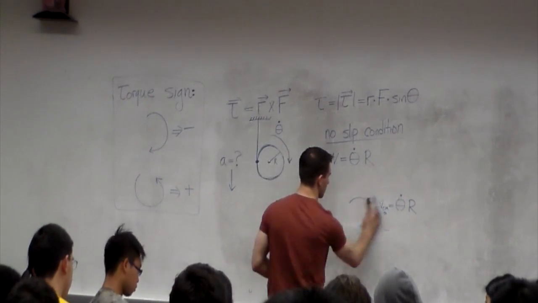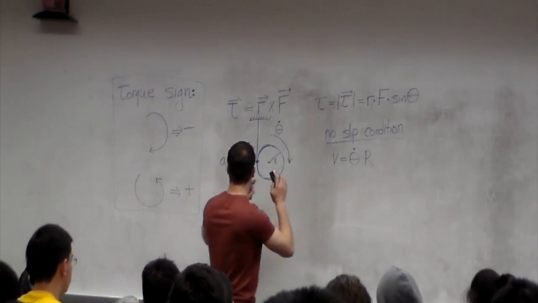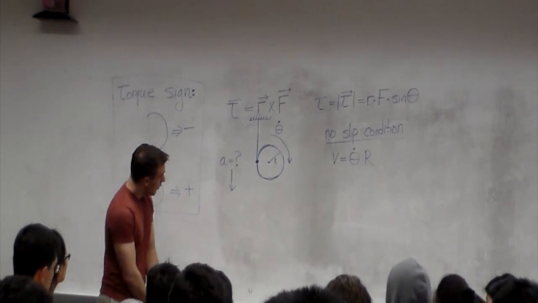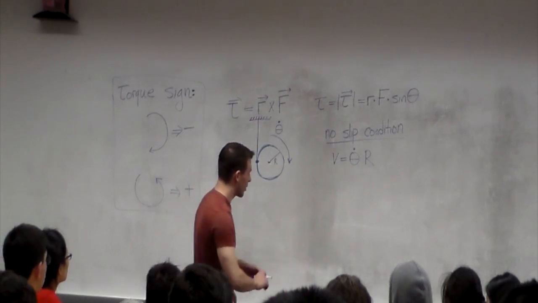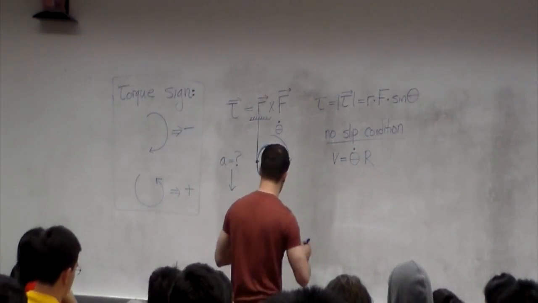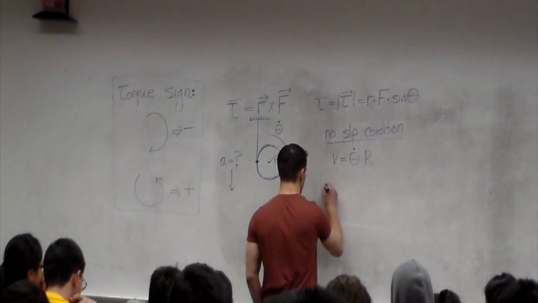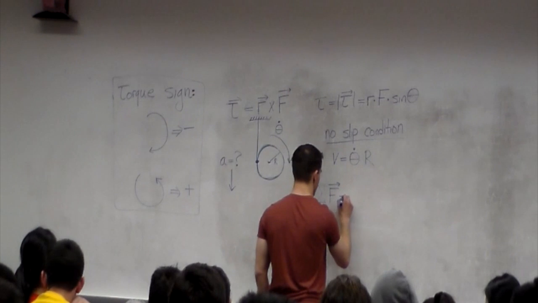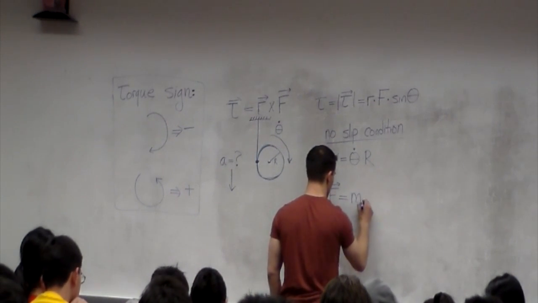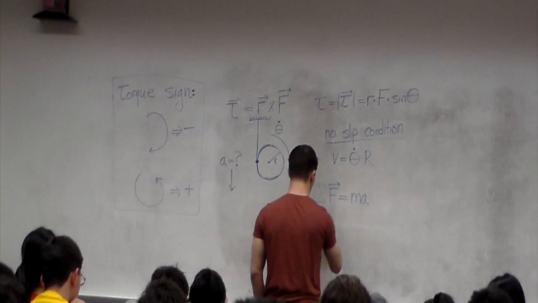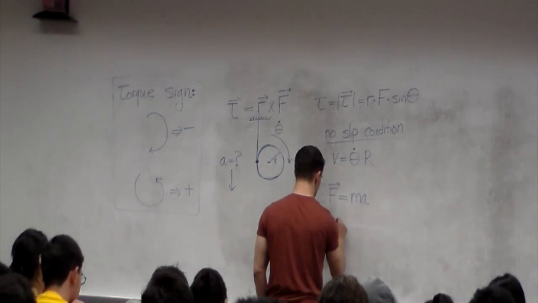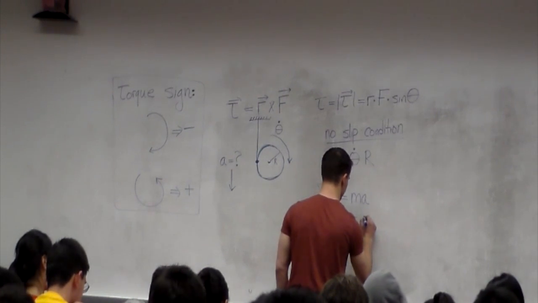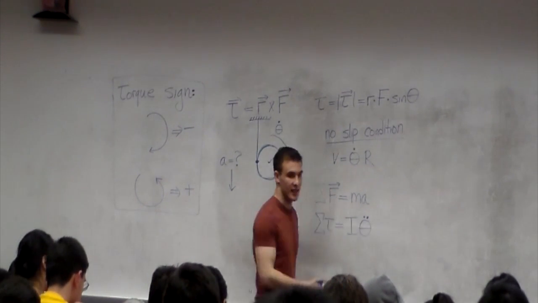So I have this guy in a no-slip condition. Where can I go? Well, a good place to start, when we don't really have a plan, is Newton's law. So we can start with saying that the sum of the forces on the thing is probably going to equal this, and the sum of the torques on the thing is probably going to equal that.